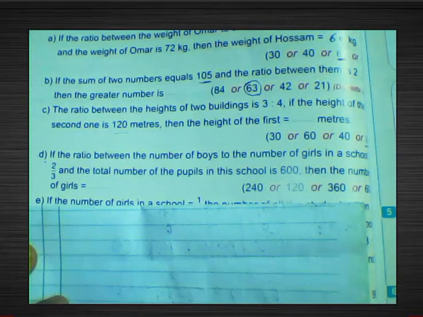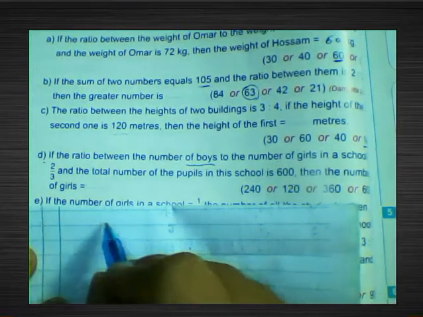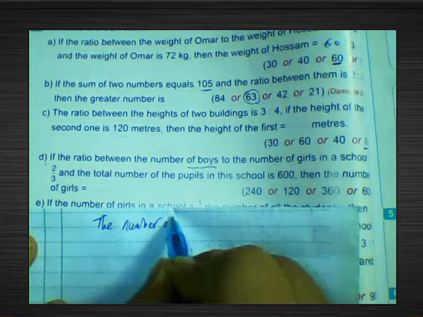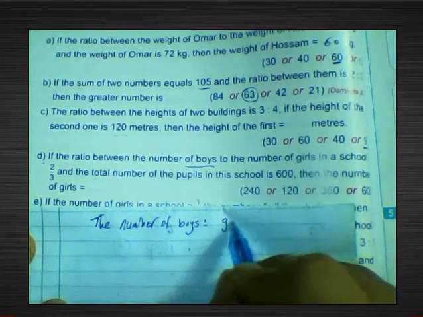We must write the order: first, the number of boys to the number of girls.